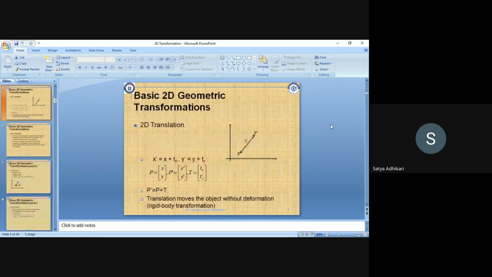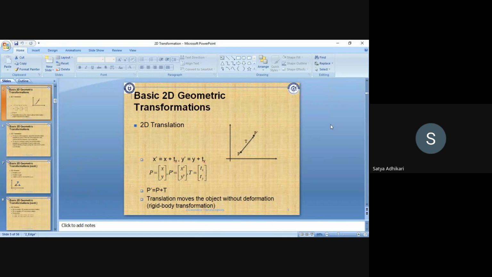So in the previous class we discussed that if a point is P, we can change the position of that point to P dash by using translation. So translation only helps us when we want to change the location, the position of an object.